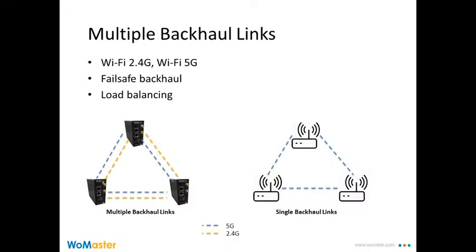Another benefit is that the mesh network will balance the throughput between the 2.4G and the 5G. It will choose the best performing one as previously mentioned. Users don't need to worry if one of the bands has a problem. The network is still kept.